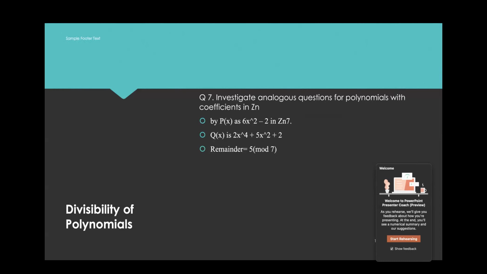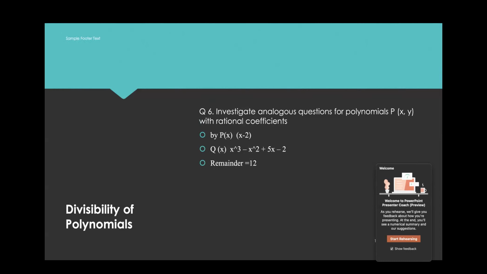For 6, it asks us to investigate analogous questions for polynomials. To do so, we will follow an extension approach of our previous parts by considering the principles of polynomial divisibility in the larger spectrum of rational coefficients, not just real or complex ones.